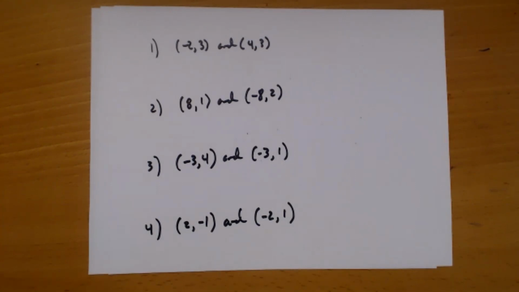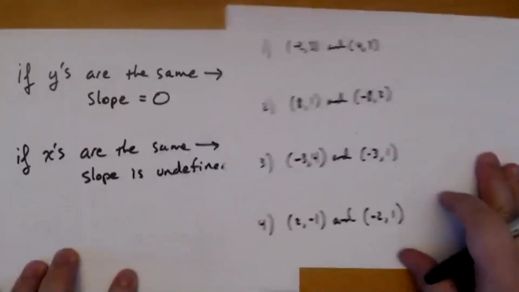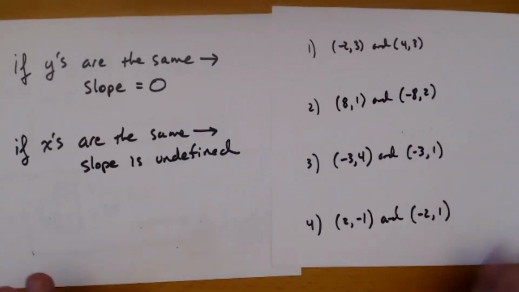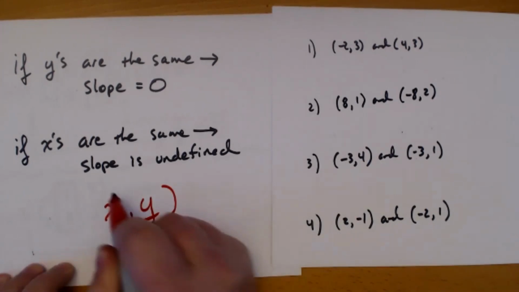You don't even have to do the math. There's no math involved. All you do is use what I just wrote down with the notes. If the y's are the same, the slope is 0. If the x's are the same, the slope is undefined. Remember, the x's are in the front and the y's are second.